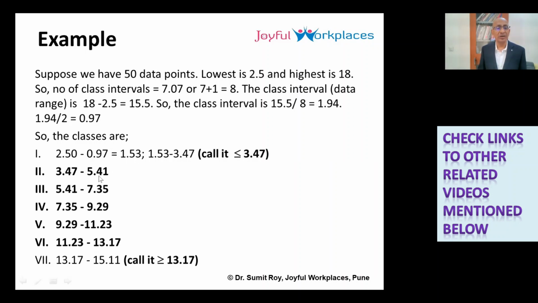So 3.47 plus 1.94, 5.41, 5.41 plus 1.94, 7.35, plus 1.94, 9.29, 11.23, 13.17, and again 1.94, I get 15.11. तो ये क्लास जो है आप देखोगे, ये क्लास सेकंड क्लास का फर्स्ट बाउंड्री होगा, पहले वाला क्लास का लास्ट. मतलब 3.47 इधर, 3.47 इधर, 5.41 इधर, 5.41 इधर, 7.35 इधर, 7.35 इधर, 9.29 इधर, 9.29 इधर, एंड लास्टली 13.17 इधर. तो जो सबसे ऊपर का क्लास है उसको मैं कॉल इट ग्रेटर देन इक्वल टू 13.17. मतलब ये 50 डेटा में से जो भी डेटा 13.17 के ऊपर है इधर रखूंगा.